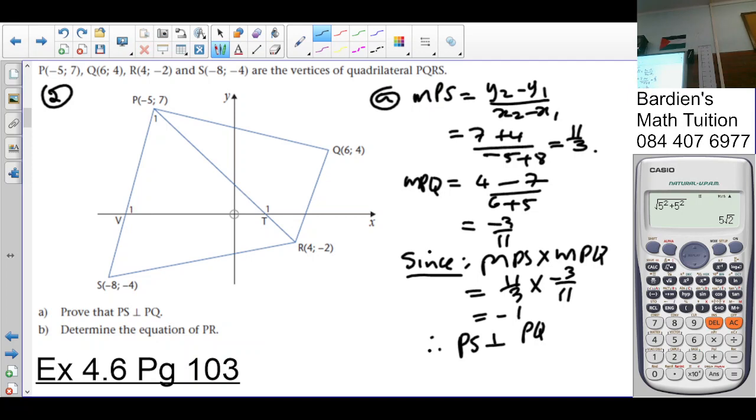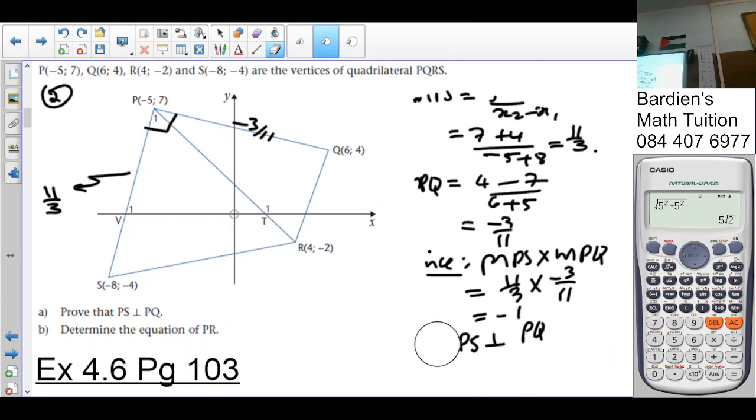So PS is 11 over 3 and PQ is -3 over 11, which means that is 90 degrees. Not so?